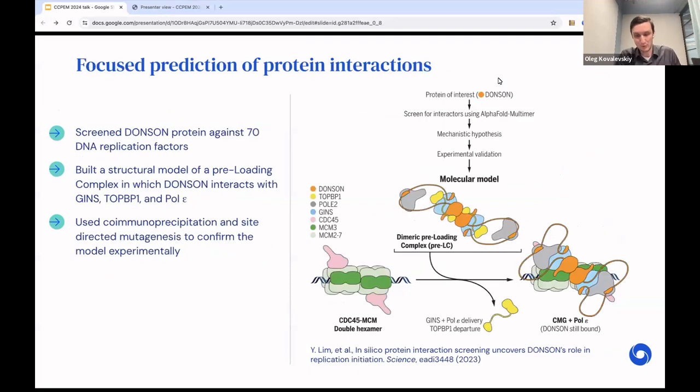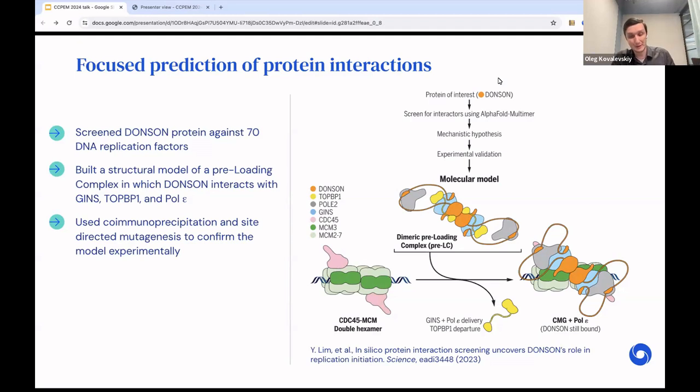In another example of more focused work, Lim et al. were studying the protein Donson, which is necessary for the assembly of CMG helicase in vertebrates. However, exactly how Donson-mediated helicase assembly worked was unclear. So the authors used AlphaFold-Multimer to screen 70 core DNA replication factors for possible interactions with Donson.